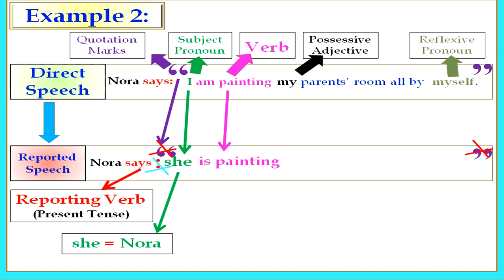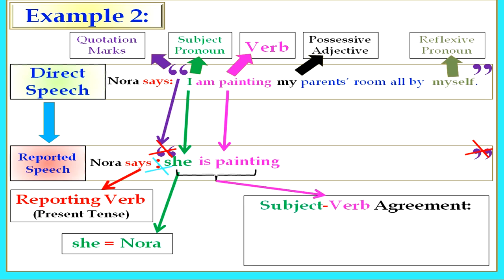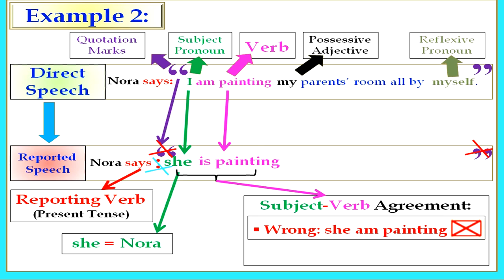Here we make a change. We change am into is. Why this change? It's again because of the subject-verb agreement. Can we say she am painting? Of course we can't. The correct answer is she is painting.